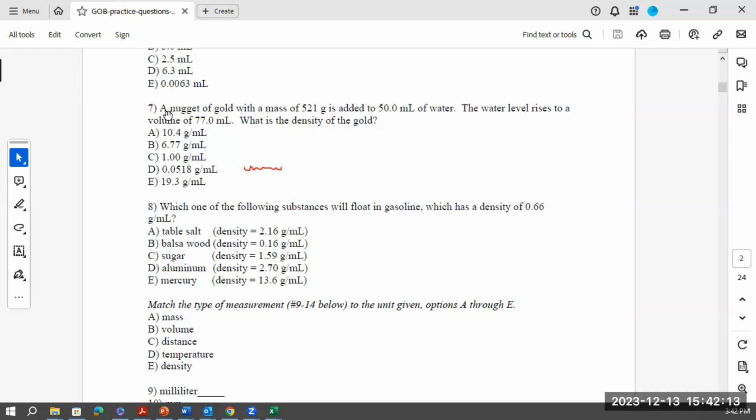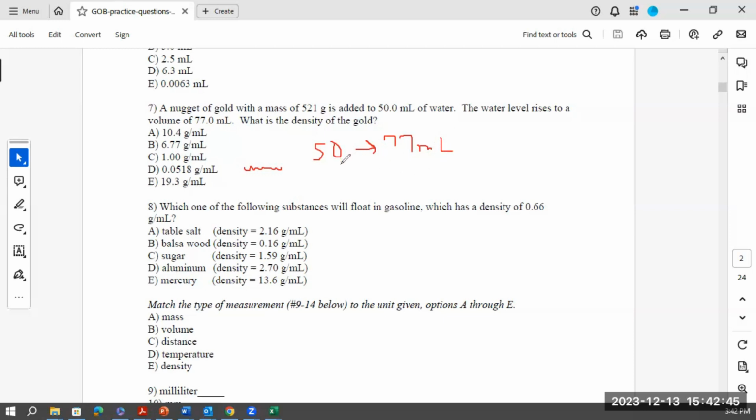Because we know the change, and this is one of those big picture questions where we have to think about what happened. We went from 50 all the way to 77 milliliters. And we know that milliliters represents volume. Anytime you have liters, gallons, anything like that, that's always volume.